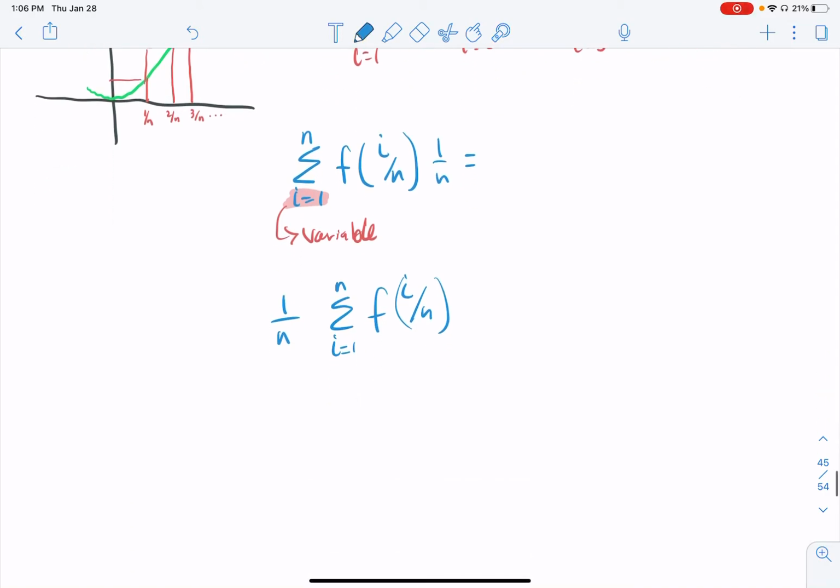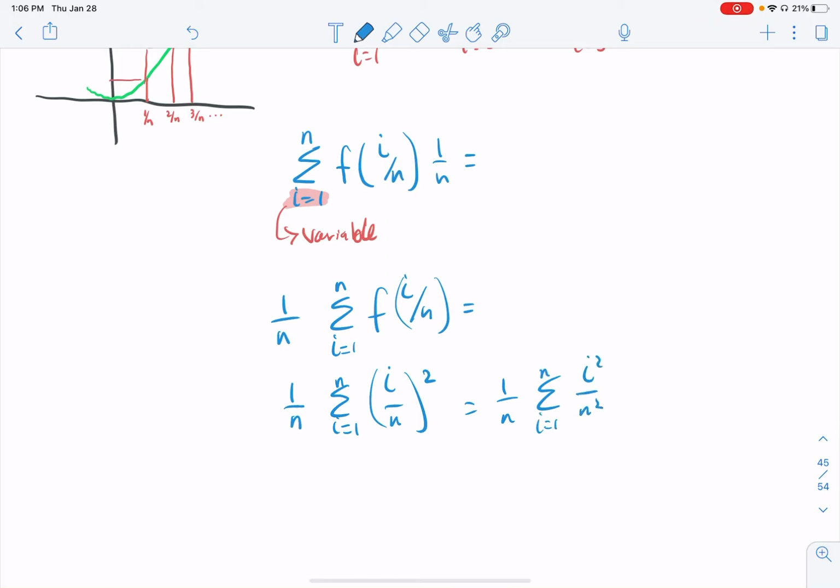So this will now be equal to 1 over n times the summation from i equals 1 to n of i over n squared. And you can, of course, square each one of those things and get i squared over n squared. Let me point out once again that i is the variable for the summation, not n.